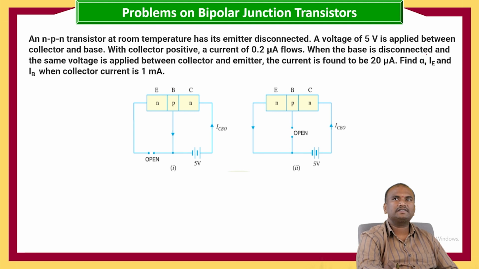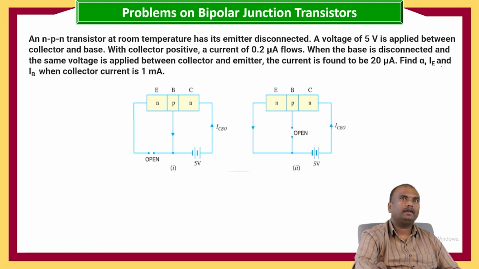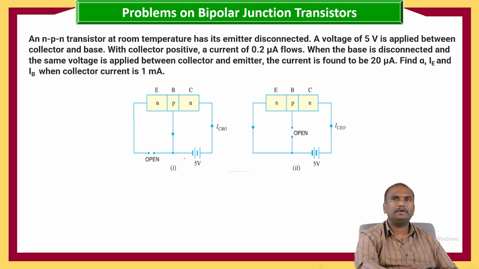When the base is disconnected, the same voltage is applied between the collector and emitter. The current is found to be 20 microamperes. Find alpha, IE and IB when collector current is 1 milliampere. Here it is open circuited.